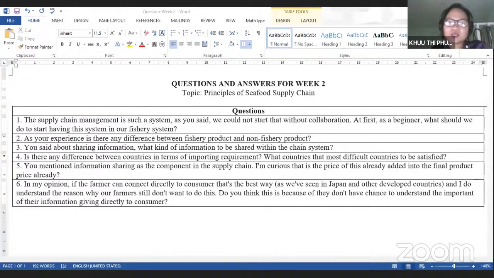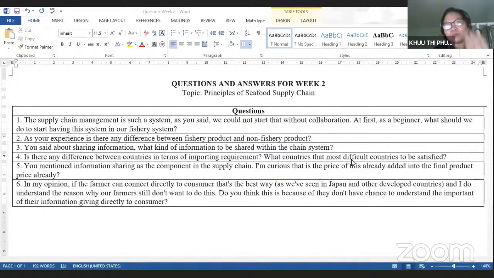But first, in general, I can respond that the information shared within the chain depends on your purpose. When you want to manage, what kind of purpose you will consider during your management. It means that it depends on your expectation.